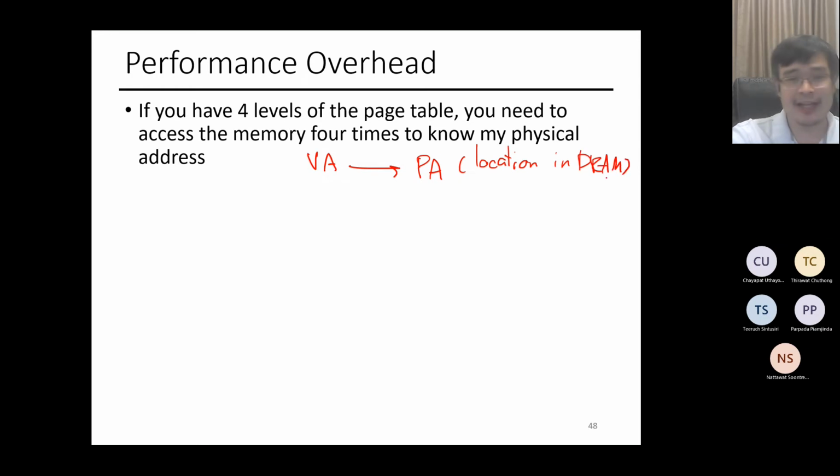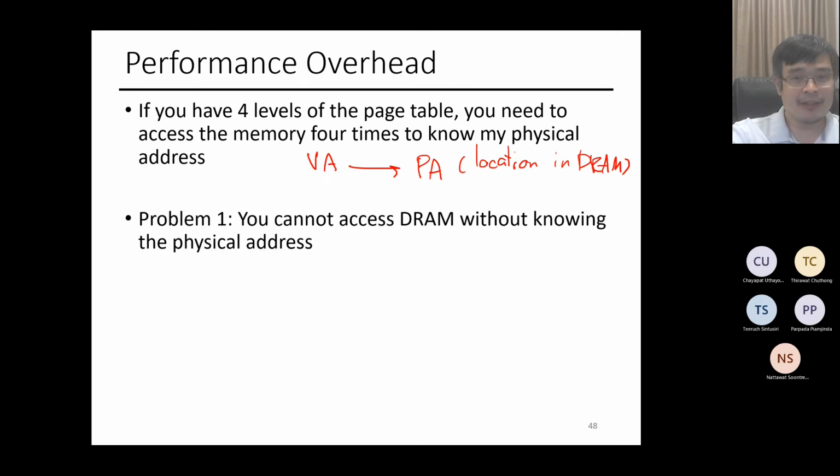So when you have a data access and you have 4 levels of the page table, you cannot access your data until you know the physical address. But to get your physical address, how many trips to DRAM do you already have to do? If you have 4 levels, you have to go to DRAM 4 times to get the physical address before you can access your data.